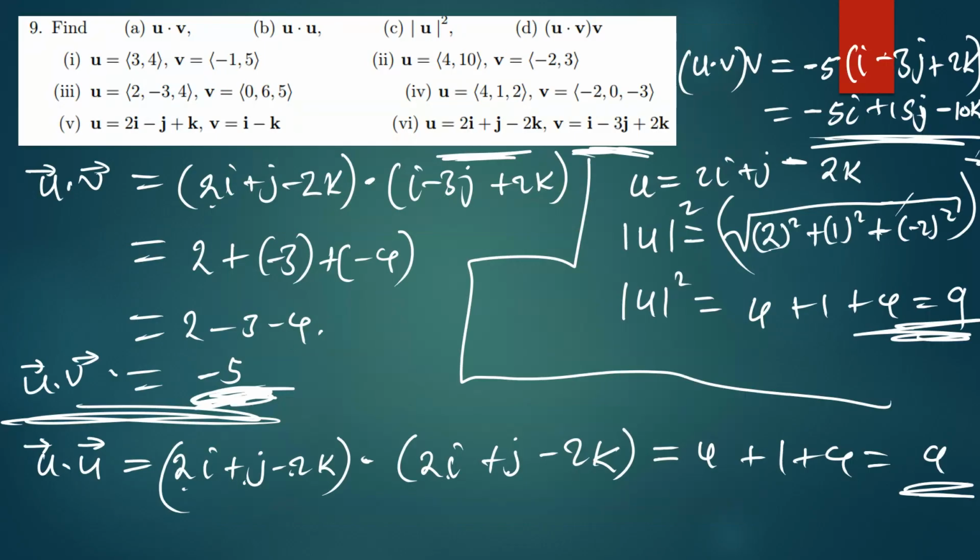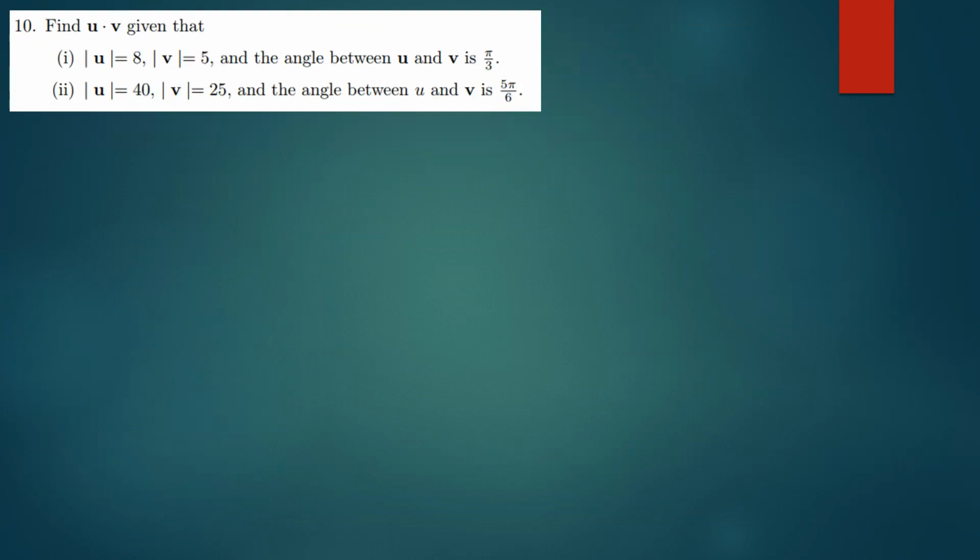Let's quickly look at another question on the dot product. So the dot product is given in different formats. This is another way we can ask you about the dot product, more especially if it involves the angle.